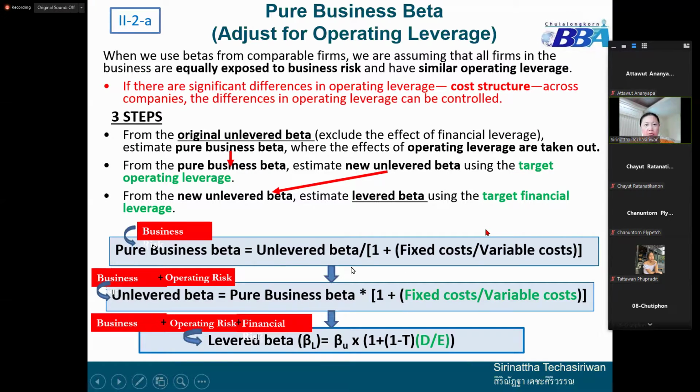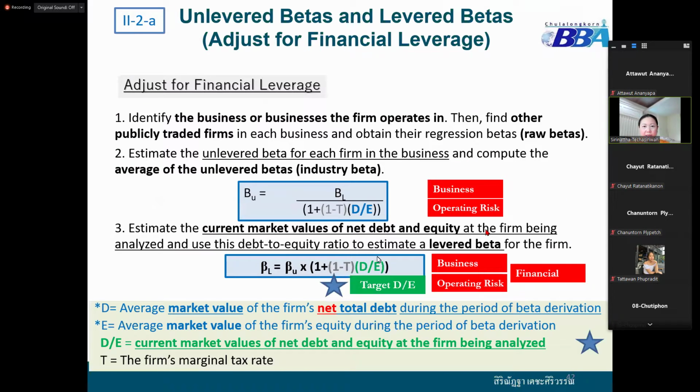From the unlevered beta, you take out the difference in cost structure by dividing this unlevered beta by 1 plus fixed cost over variable cost, right? In this case, it's not related to any tax shield benefits, so you don't need to multiply by 1 minus tax rate like what you did here, right?